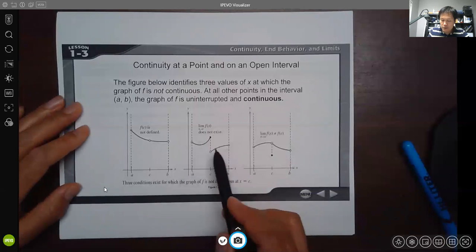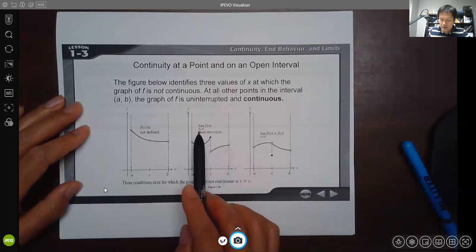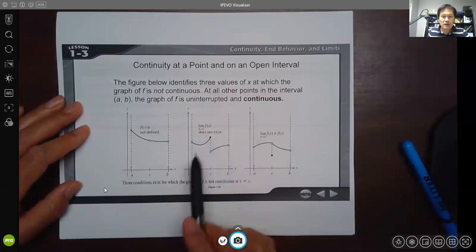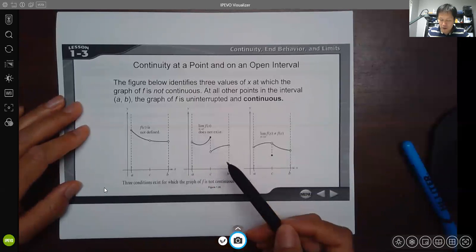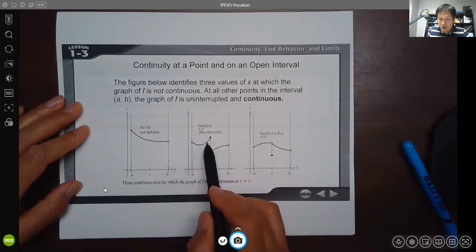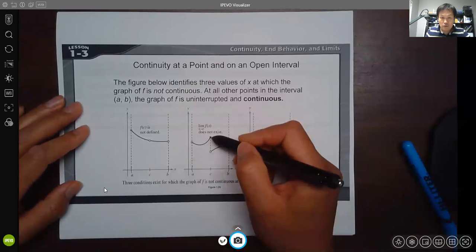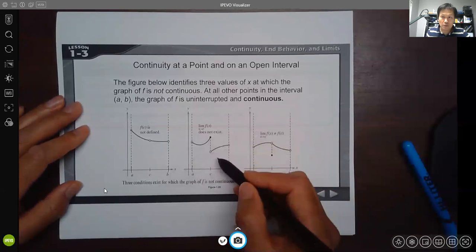Okay, in this example, if you look at it, the limit of f of x as x approaches c does not exist. What are they talking about? Right here you can trace the graph, but you get stuck here. You cannot move on to here without taking the pencil off the paper.